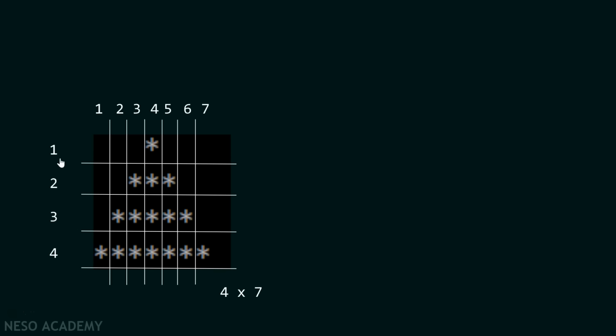As you can see, in the first row only 1 star is printed, and that too in the 4th column. In the second row 3 stars are printed from second row 3rd column to second row 5th column. Similarly, 5 stars are printed from 3rd row 2nd column to 3rd row 6th column. And similarly 7 stars are printed from 4th row 1st column to 4th row 7th column.